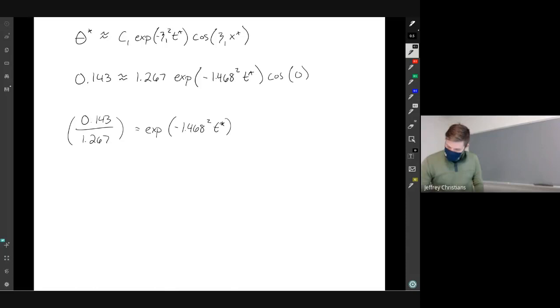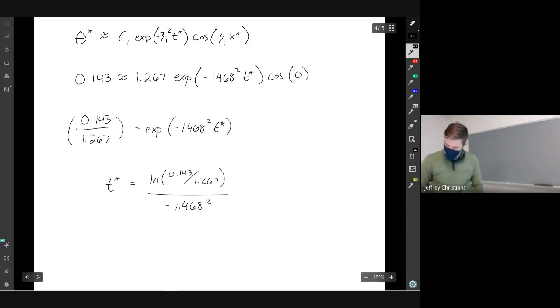So we would take the natural log of both sides. So T star equals the natural log of 0.14367 divided by 1.468 squared.